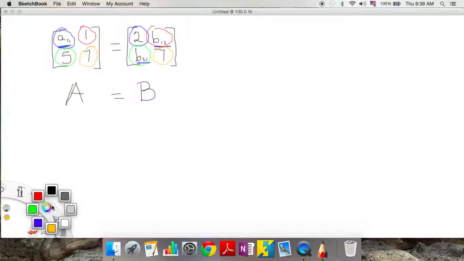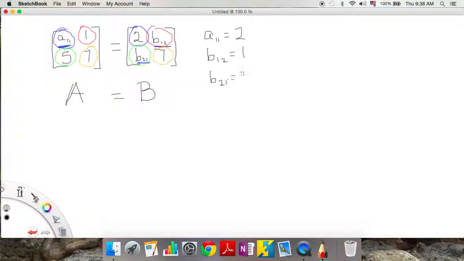So we look at those, and we see that B11 has to equal 2, B12 has to equal 1, and B21 has to equal 5, and the 7s were good. So for this to be true, this is what we need.